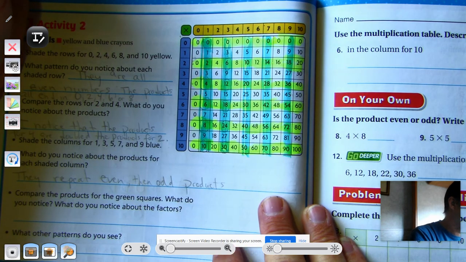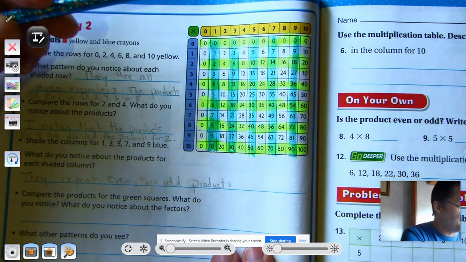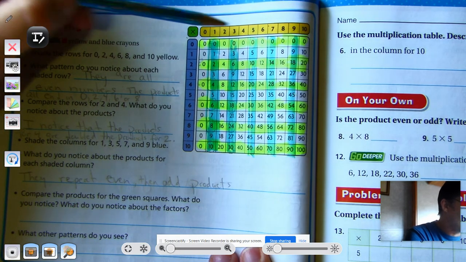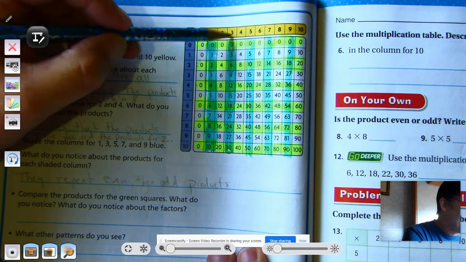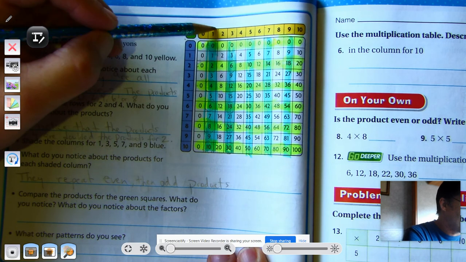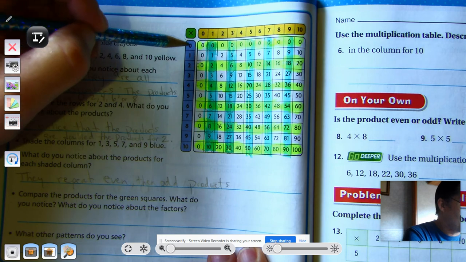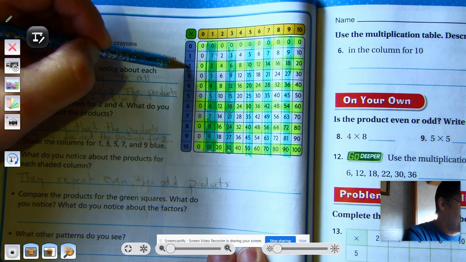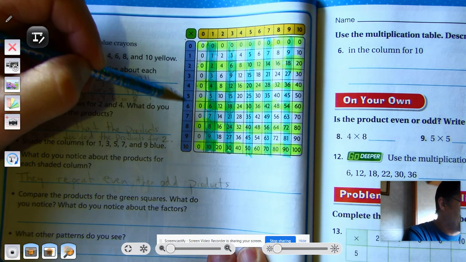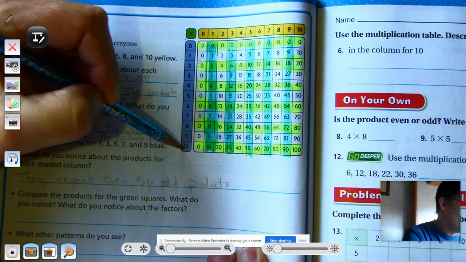So if I just look at the 1 and the 3, I notice that in the columns for 1 and 3, the green squares coincide with the even factors of the rows.